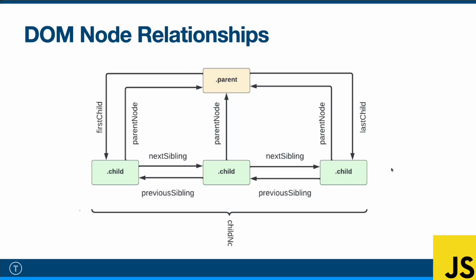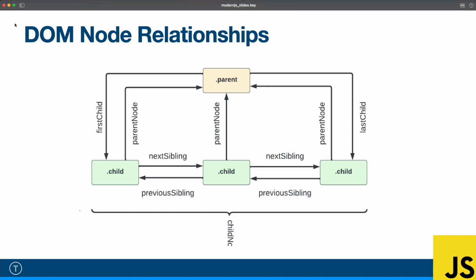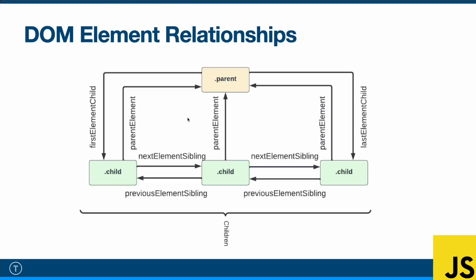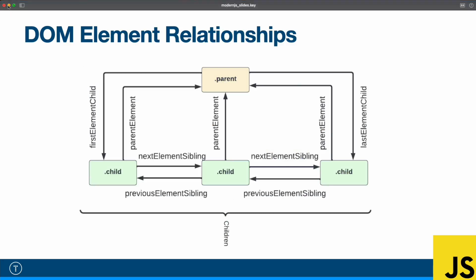We have a parent with three children, but we have, for instance, first child instead of first element child, last child instead of last element child, parent node instead of parent element node, next sibling and previous sibling instead of next element and previous element sibling. And there's also a property, it's kind of cut off here, but it's child nodes instead of children. Okay, so just remember that this works with all nodes while this works with just element nodes, which is usually what you're going to be working with.